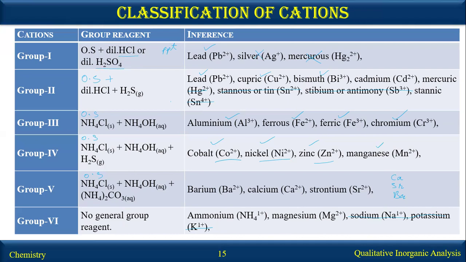Because we have seen in the solubility chart that lead chloride, lead sulfate, silver chloride, silver sulfate, mercurous chloride, and mercuric sulfate are insoluble in water. So if enough white precipitates are formed, whether you are using dilute HCl or dilute sulfuric acid, then these compounds could be there.